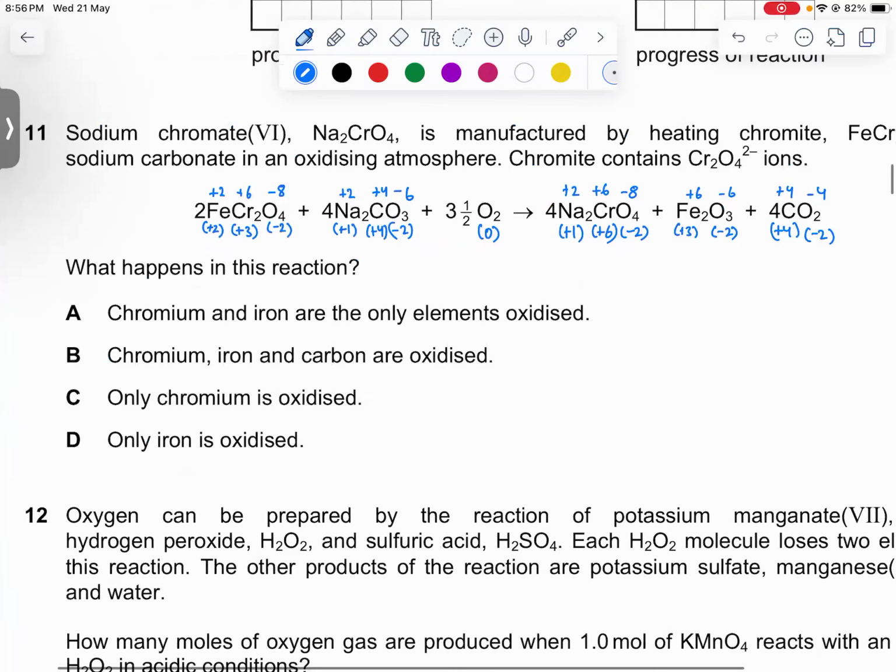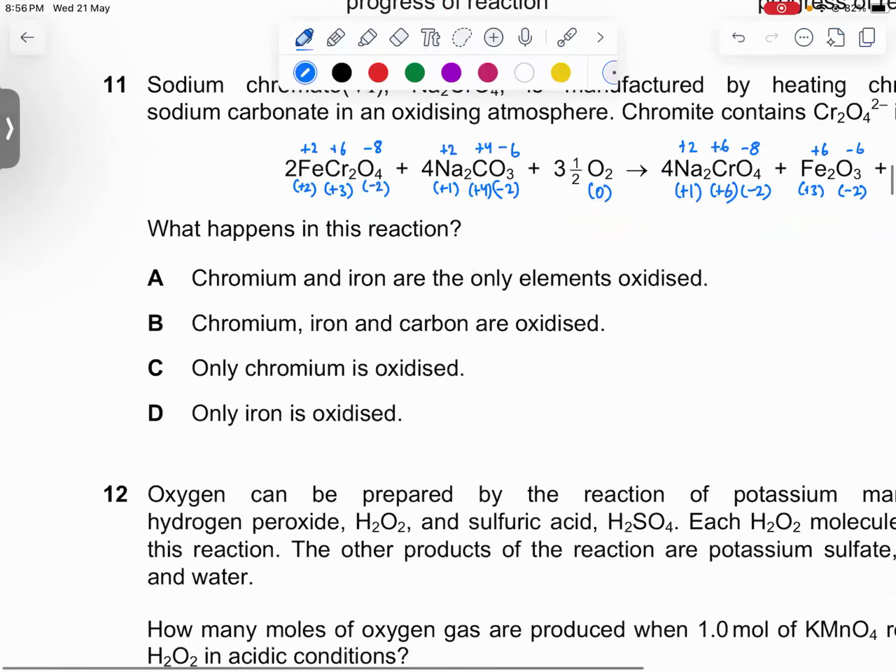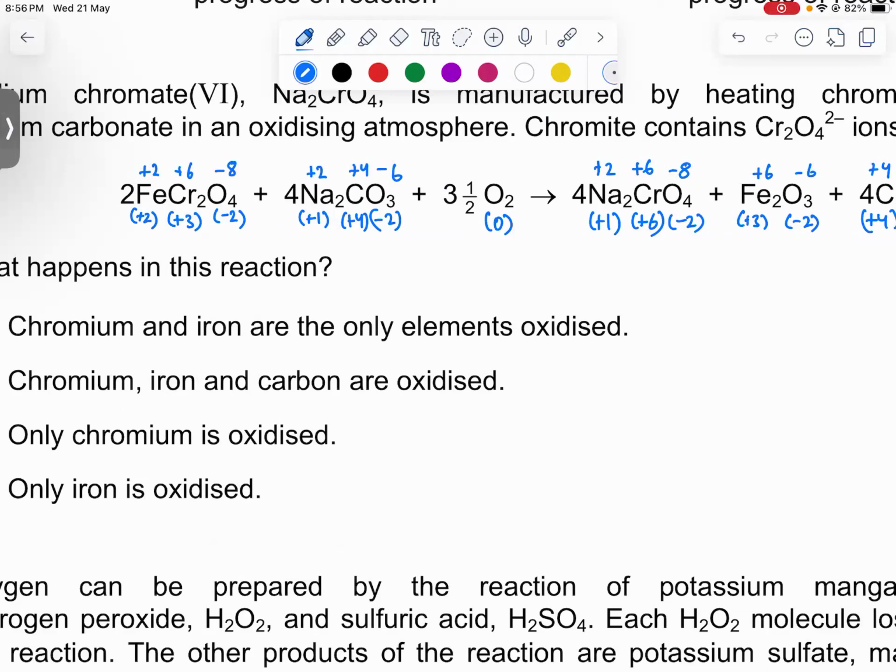So in this equation, what do you see? Do you see someone getting oxidized? You will see that Fe is indeed oxidized. That is oxidation. And you can also see that Cr is also oxidized. Both are oxidized: Cr +3 to +6, Fe +2 to +3.